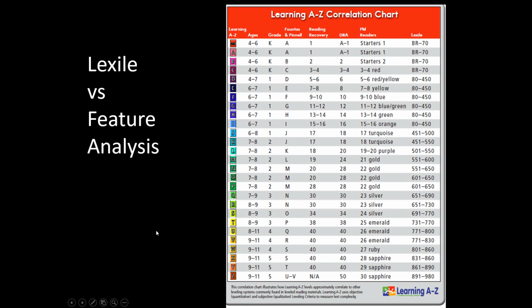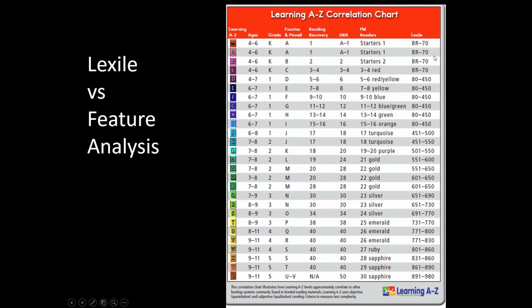The other thing we'd want to think about is, how do these different ways of leveling text compare? Because you're going to have to choose to use one or another. So, how does Lexile compare to feature analysis? Well, we know Lexile is not taking into consideration things like punctuation, picture support, or even the content of the text, right?